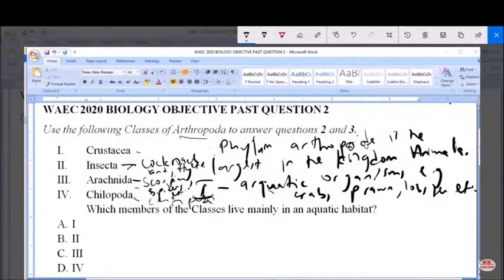So those are the examples you have. Now from the descriptions we give, the crustaceans are the aquatic organisms such as the crabs, prawns, and the lobsters. So they live mainly in an aquatic habitat. So option A, which is number 1, class Crustacea, is the correct answer to this question.